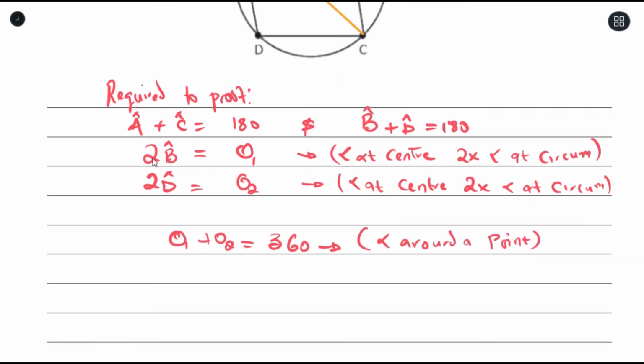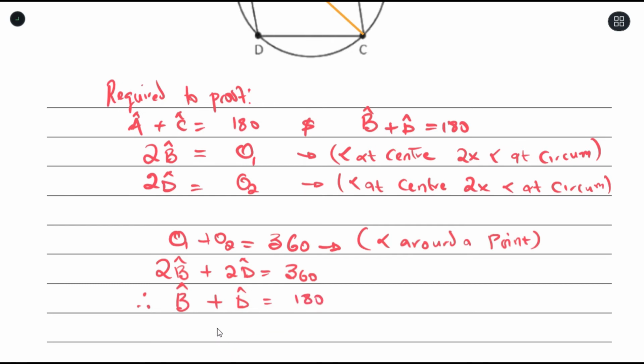Since O1 is 2b and O2 is 2d, I can rewrite this as 2b plus 2 angle d is equal to 360. So dividing everything by 2, this here is therefore b plus d equals 180.